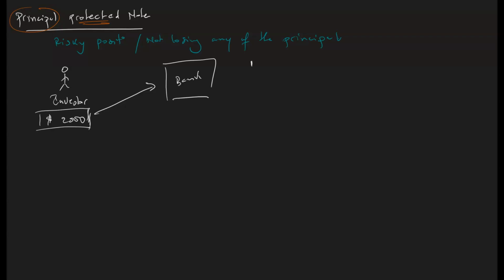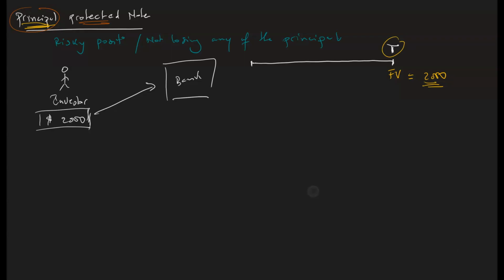So you're making the investments today, and you're going to look at the performance of your investment over a period of time. Let's call that period of time T here. Because you want to protect your investment, the principal, the future value of your investment here should at least be equal to the $2,000. And one way we can guarantee that you're going to have the $2,000 in the future is by essentially purchasing a zero coupon bond that matures in T years and would have a future value of $2,000.